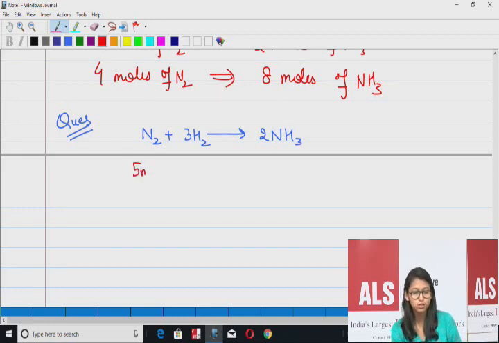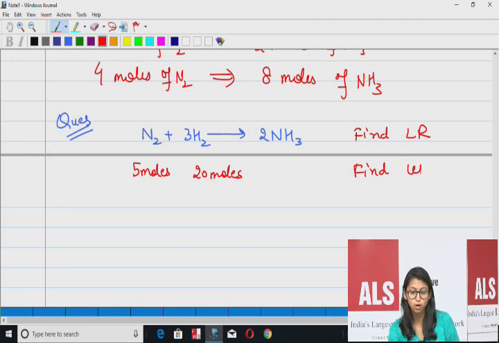The given amount is 5 moles, and let's say 20 moles are given for this one. The question is already written. So you will be finding the moles. Find LR. Find the left amount.